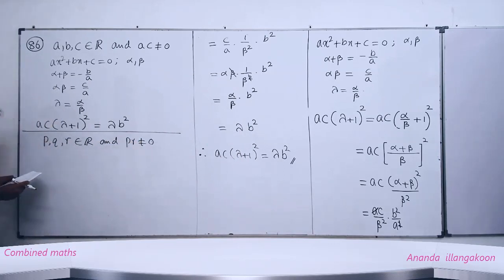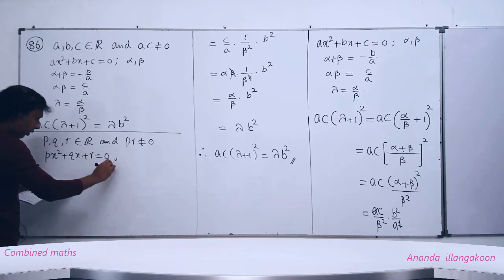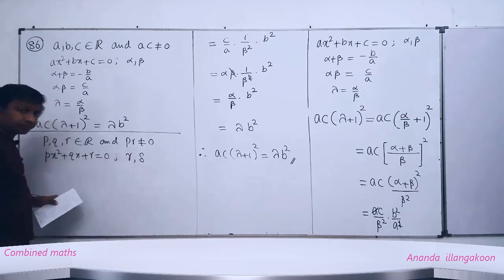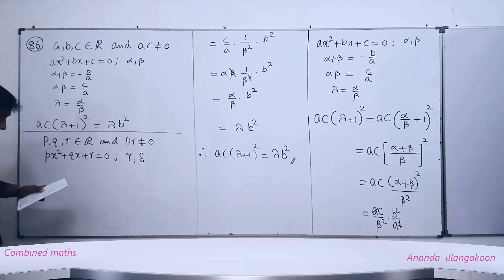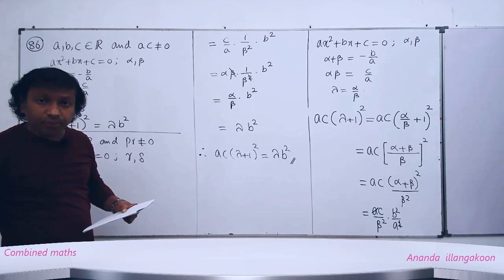Let gamma and delta be the roots of the equation px squared plus qx plus r equals 0. It is a quadratic equation. Its roots are given as gamma, delta. And furthermore, mu equals gamma upon delta.